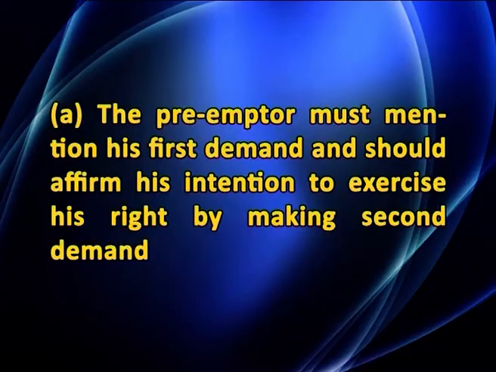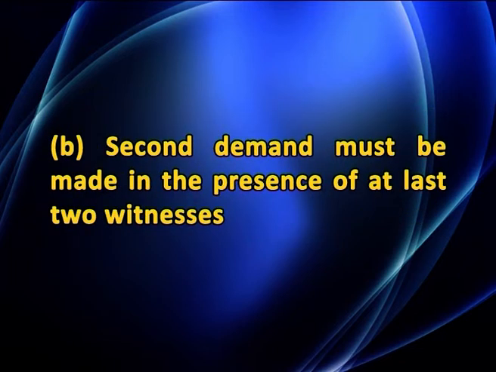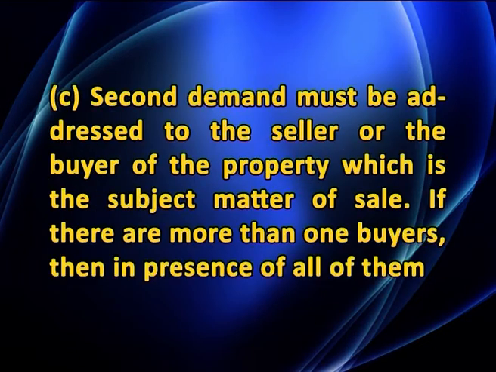A, the pre-emptor must mention his first demand and should affirm his intention to exercise his right of making the second demand. B, the second demand must be made in the presence of at least two witnesses. C, the second demand must be addressed to the seller or the buyer of the property which is the subject matter of sale.